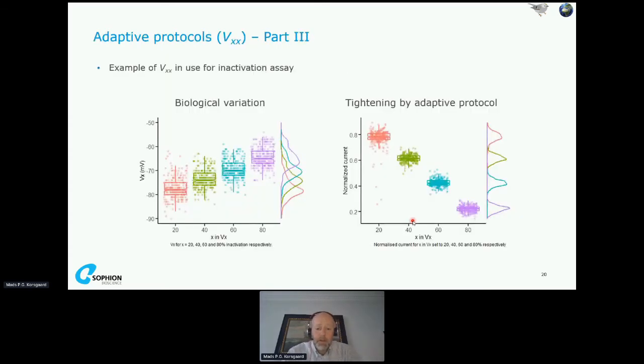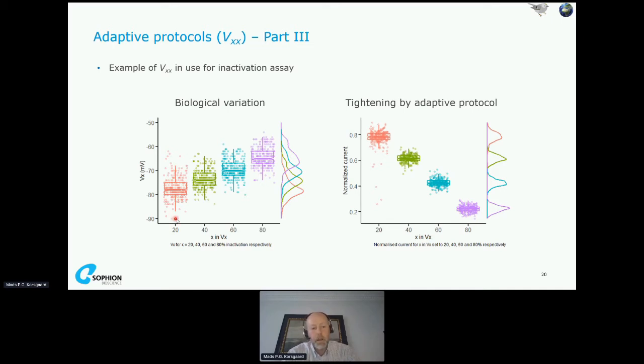The benefit of this is illustrated here, which is real experiments. On the left panel, a range of protocols are executed in which a literature-based value to obtain 20% inactivation, 40, 60, and 80% activation is applied. And you see here how much activation or inactivation you actually get.